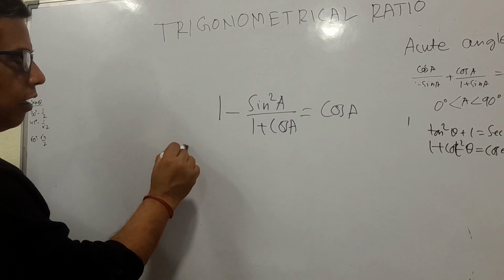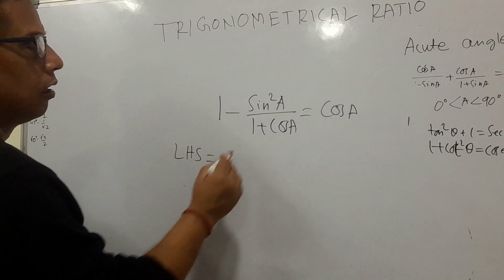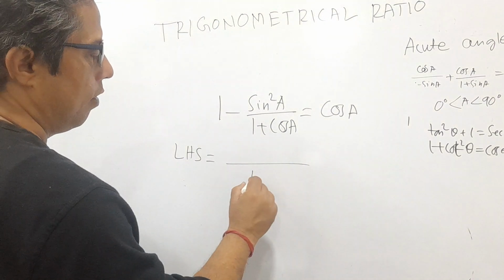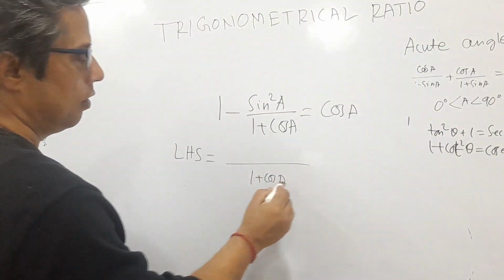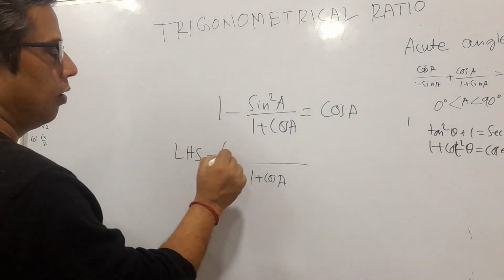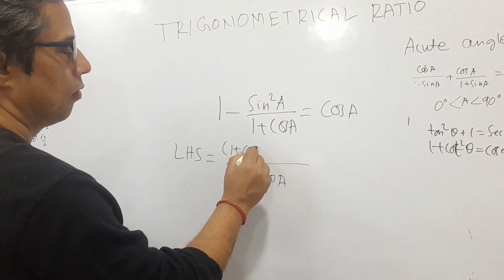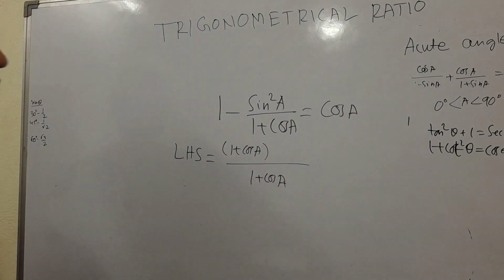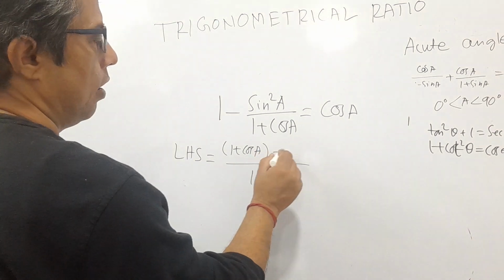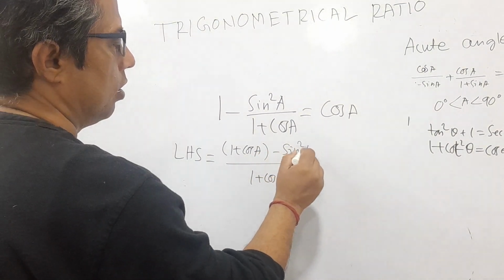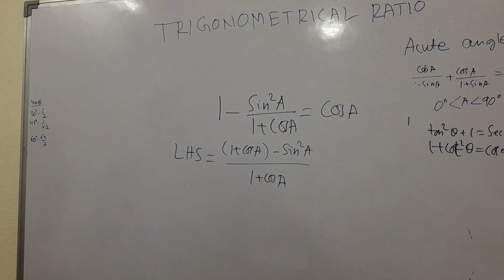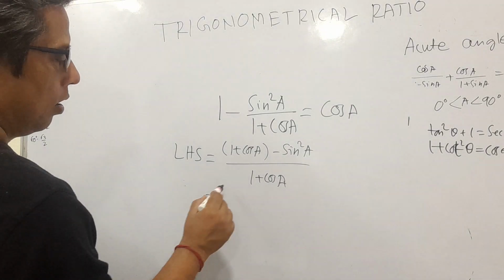So with 1 plus cos A as the LCM denominator, it will be 1 plus cos A minus sin square A. That's coming.